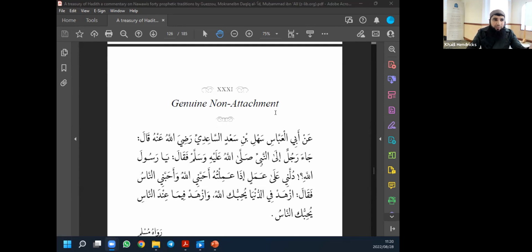But if there's something that's not in my hand of the dunya, then I strive to remove it from my heart. I'm not always hankering after dunya. So it's looking at it from the perspective of removing from your heart everything that you don't have in your hand.